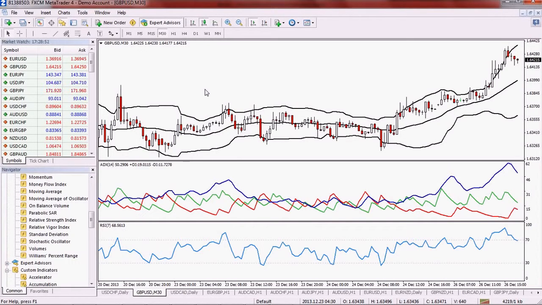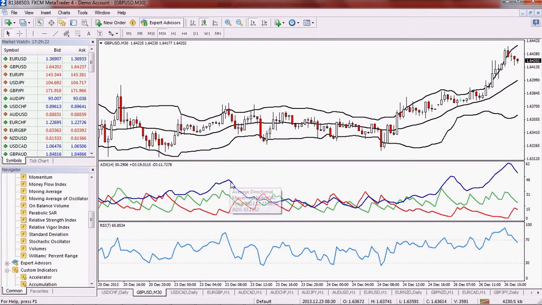Moreover, this strategy can be used on the 30 minutes chart. This is actually a scalping strategy, so you can target like 10 to 15 pips, 20 pips, using this strategy. So use a 30 minutes chart and put all these indicators on it. Now let's see how this strategy works.